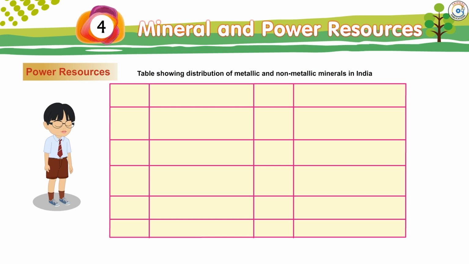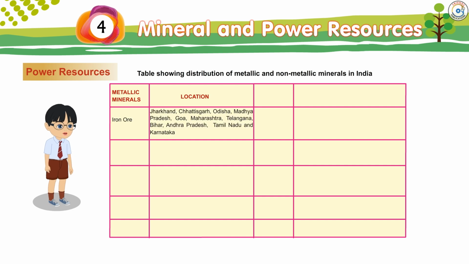Table showing distribution of metallic and non-metallic minerals in India. Metallic minerals. Location: iron ore, Jharkhand, Chhattisgarh, Odisha, Madhya Pradesh, Goa, Maharashtra, Telangana, Bihar, Andhra Pradesh, Tamil Nadu and Karnataka.